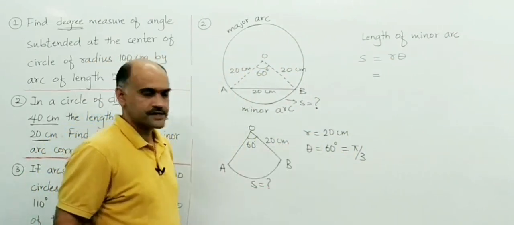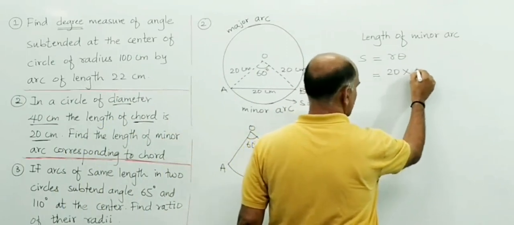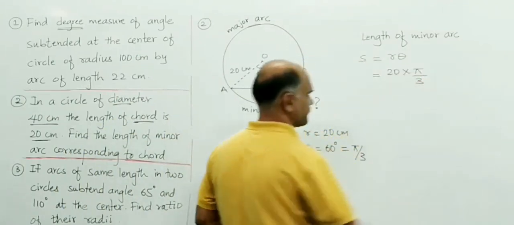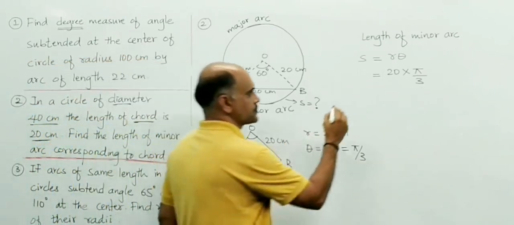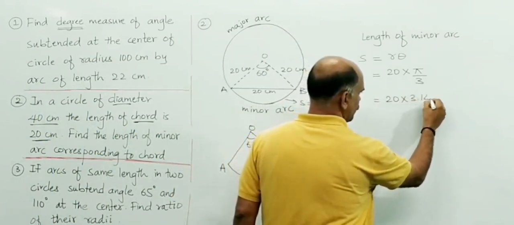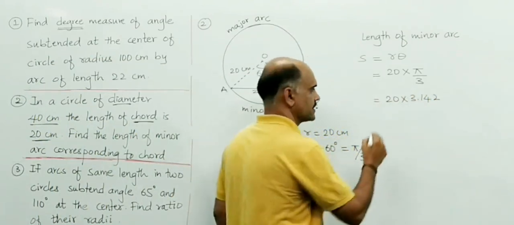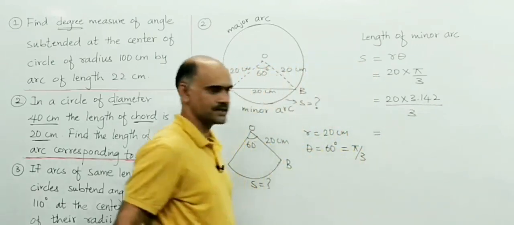So R is 20, theta is pi by 3. So now I will substitute value of pi: 20 into 3.142, or you can take 22 by 7, divided by 3.